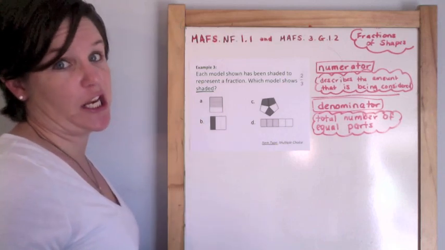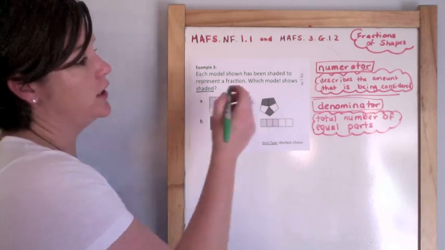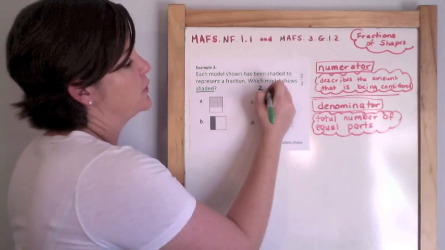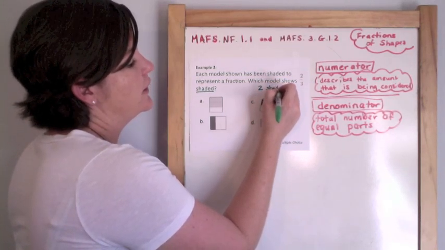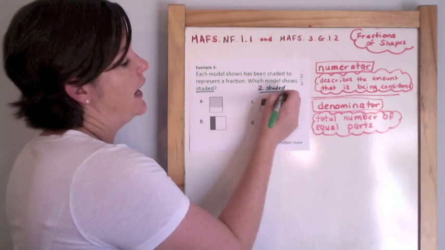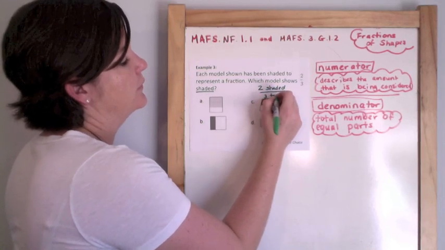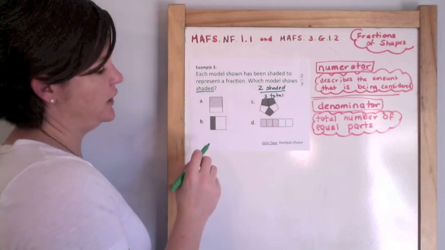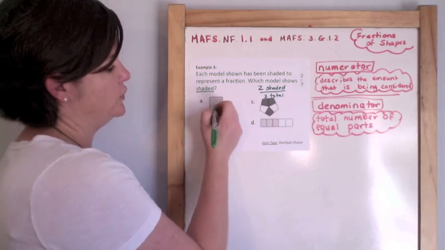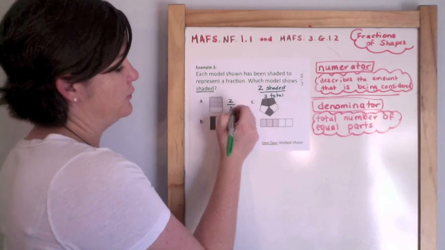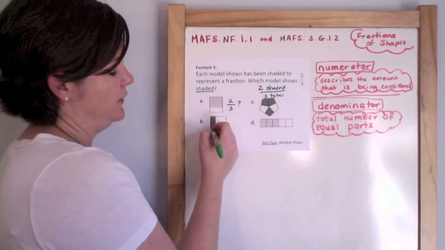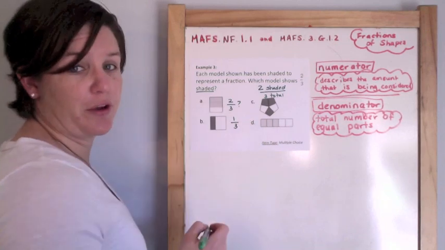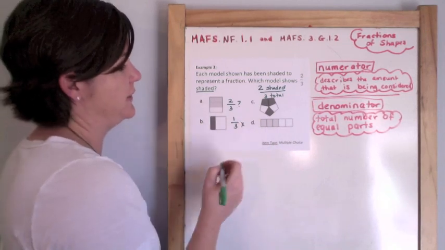So I have 2, that's my numerator, so I need to find 2 that are shaded out of 3 total. So 2 that are shaded out of 3 total. Here's 1, 2 that are shaded out of 3, so that works. This would be 1 shaded out of 3, so 1/3. That is not the same thing as 2/3.